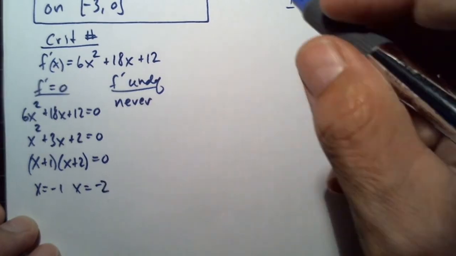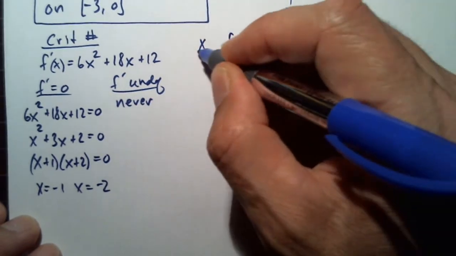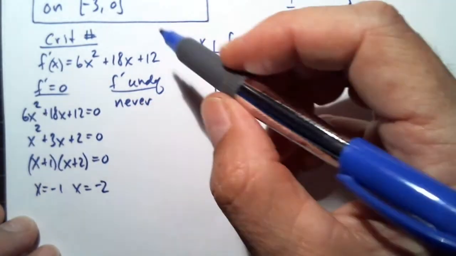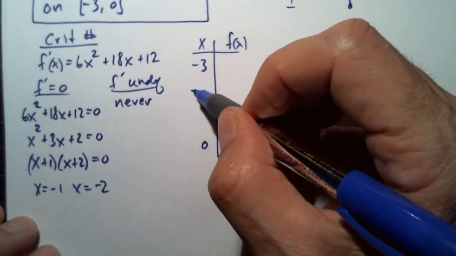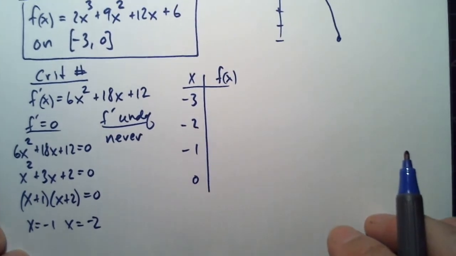Two critical numbers. Let's find the highest and lowest y values. Negative 3 is an endpoint. 0 is an endpoint. And then we have critical numbers, negative 2, negative 1. Find all these y values.